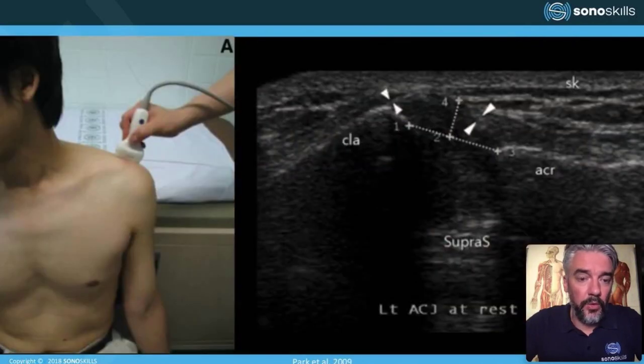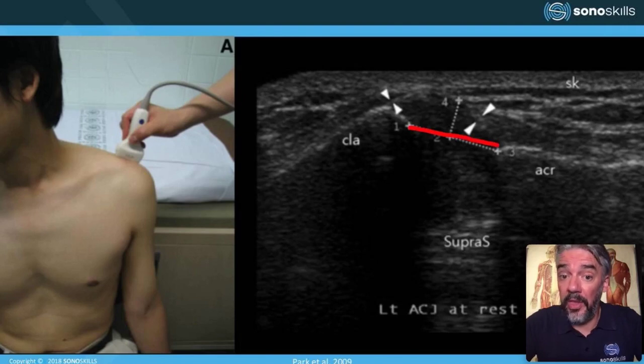Yes. So other dynamical assessments are possible. In this research, what they did is measure the joint width of the AC joint. First, the neutral, relaxed position. So please check, yes, that's the joint width.